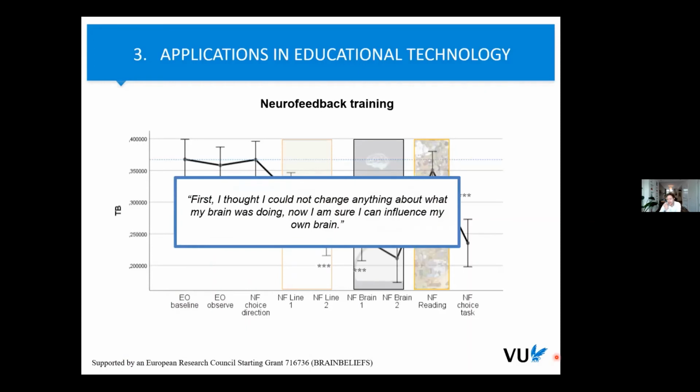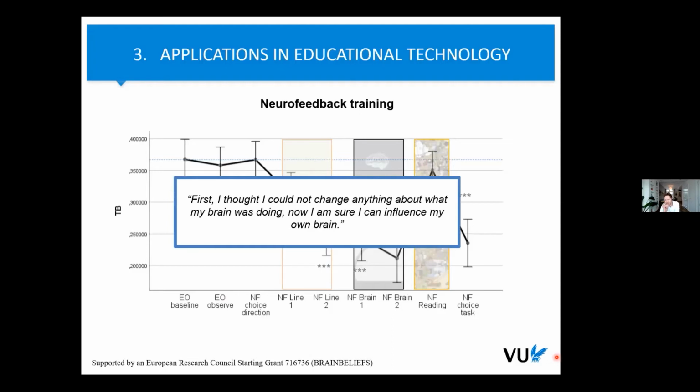And I know this is maybe not very scientific, but we asked them, are you more convinced now that you're in control of your own brain? And around 90% said yes, so we thought that's quite high. But we also asked them, can you explain it a bit more?